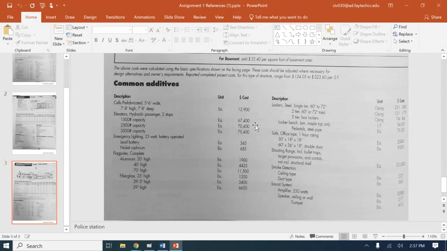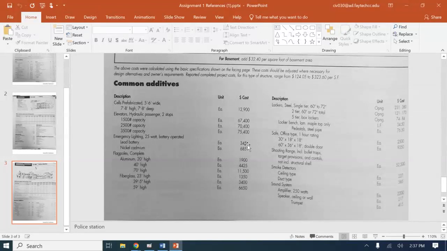That's for one. Multiply it by 4. So you're going to roughly add $281,600 to that.